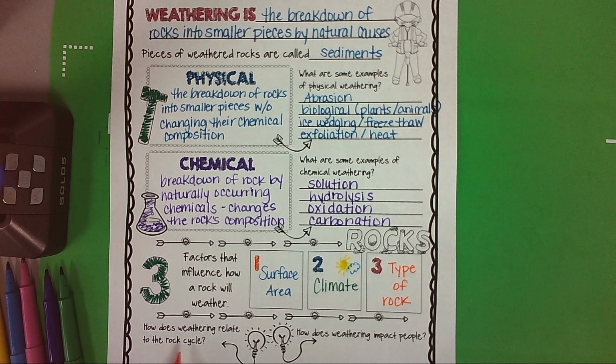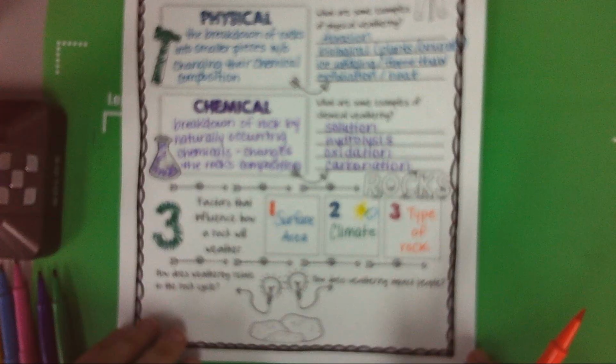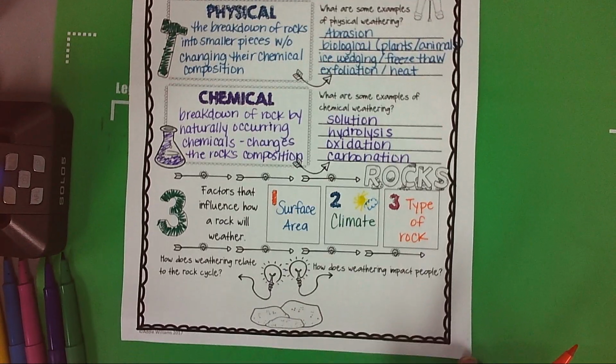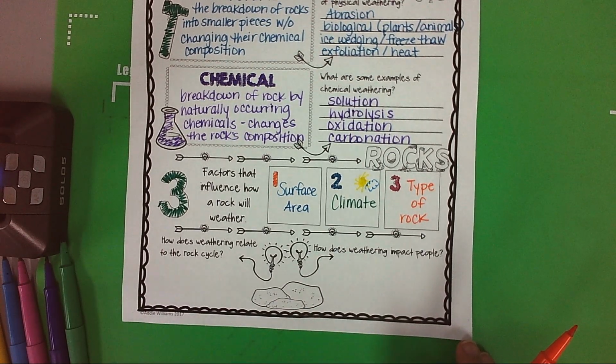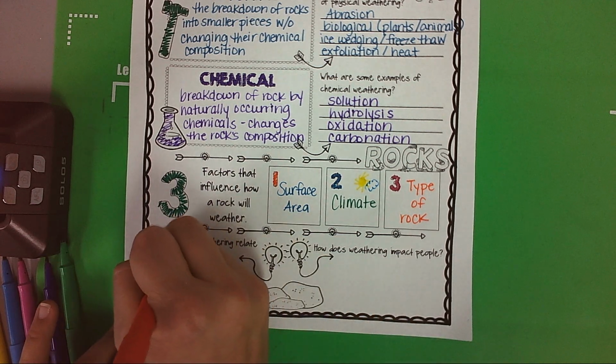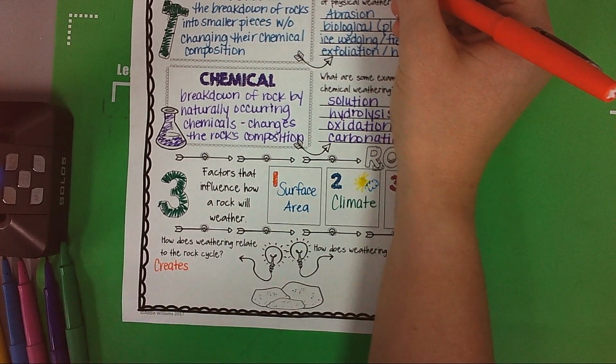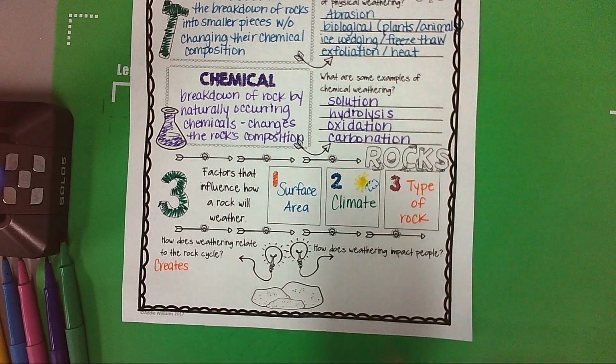Alright, so let's look at this question. The next question talks about how does weathering relate to the rock cycle. Okay, so weathering creates sediment. Remember, sediments are the weathered rocks, pieces of weathered rocks.